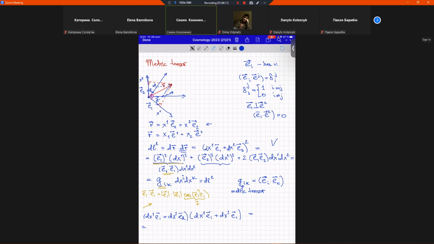Since these are vectors, I need to multiply them as a scalar product.